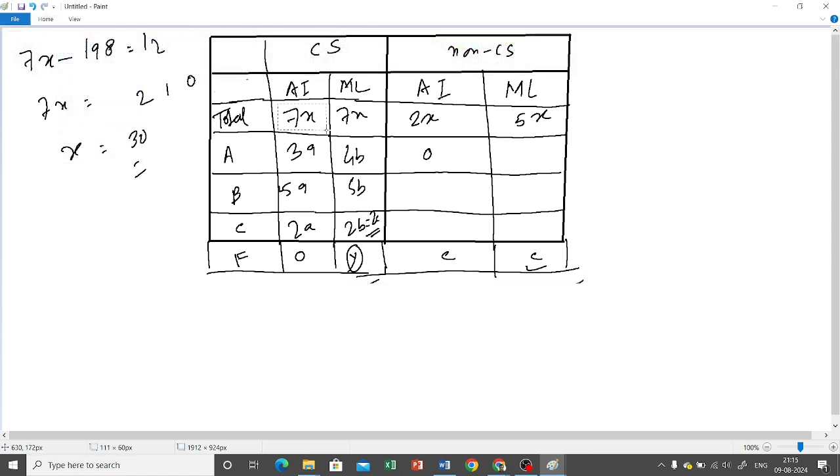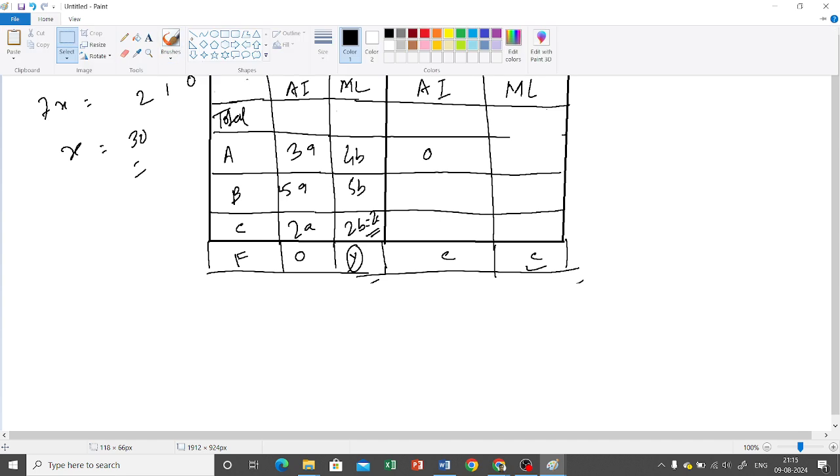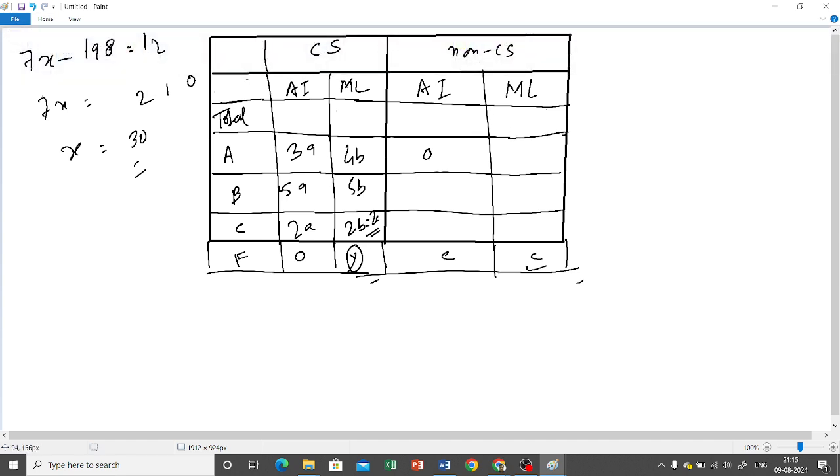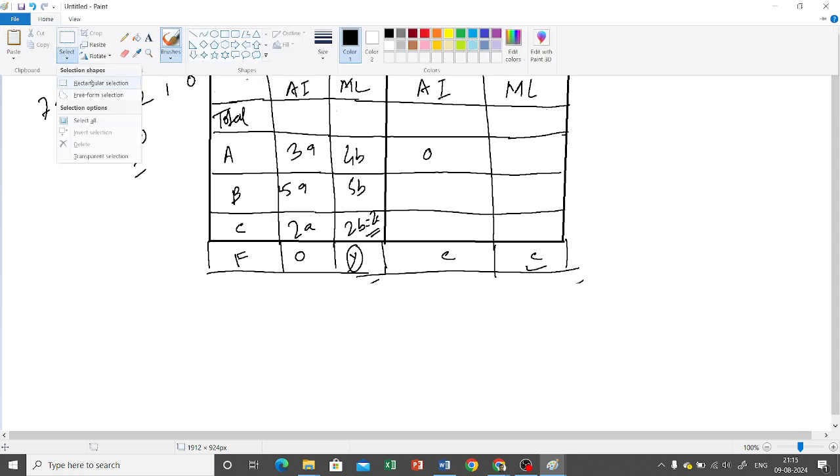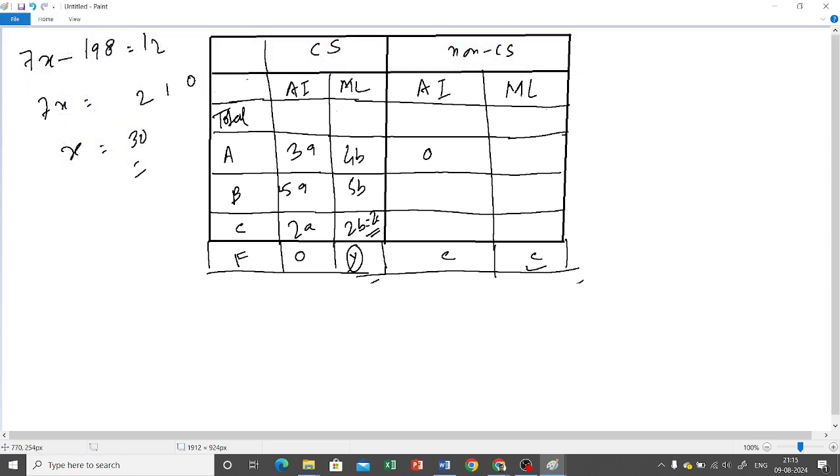I'm going to replace the values with whatever values I've got. If you try to do this sum analytically, writing down the information and all those things, it will become very difficult. So you need the proper tool to approach a proper sum, right? That is the thing.